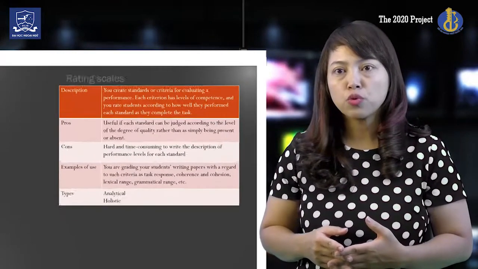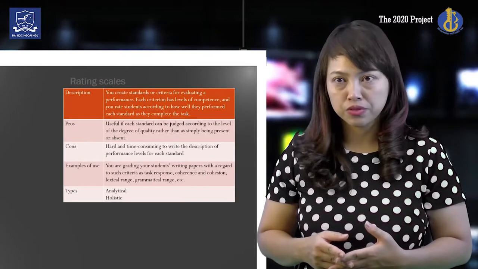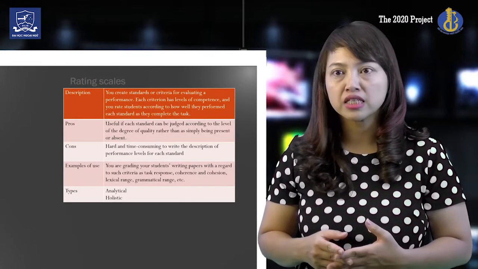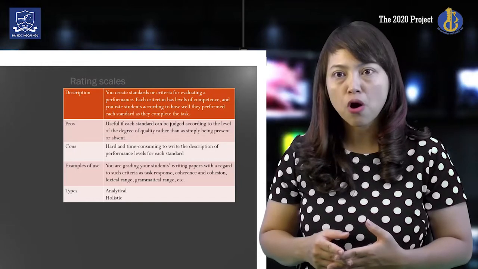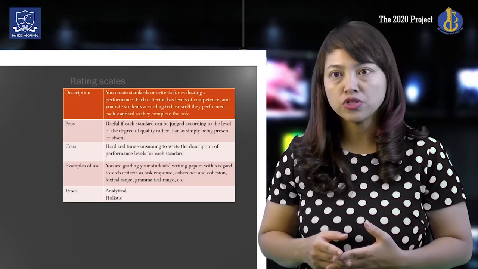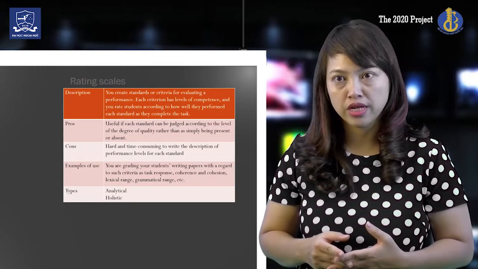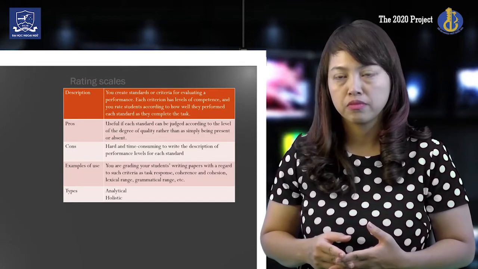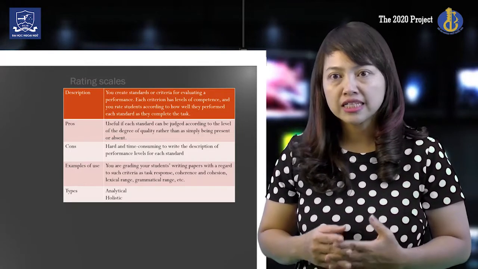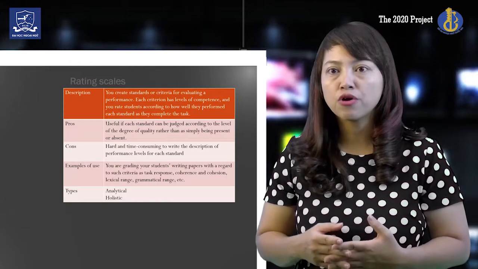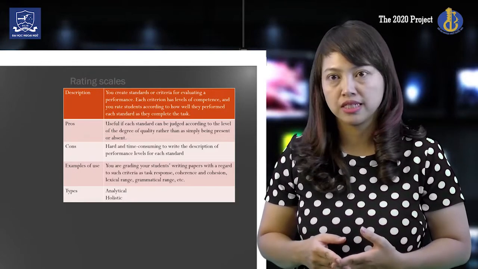The last instrument we introduce is rating scales, which is the most familiar type of instrument for scoring performance assessment, not just to record student performance as the previous type. Rating scale contains standards or criteria for evaluating a performance.